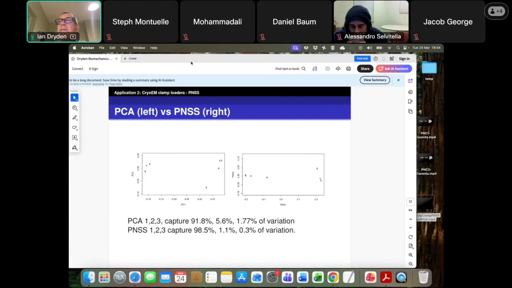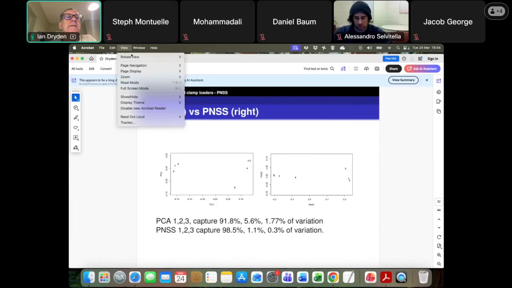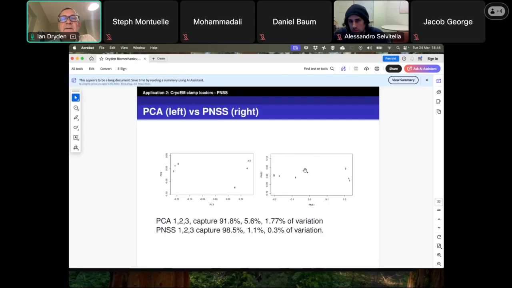And I know that my time's nearly up, so I'm only very briefly going to spend about 2 minutes on the last one, just to give you an idea of what happens when your data are very spread out.